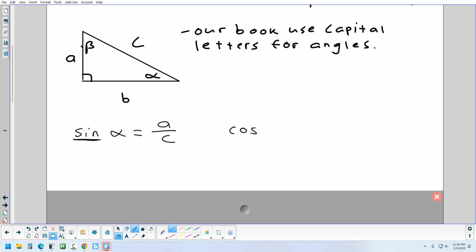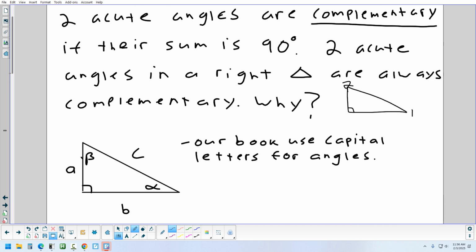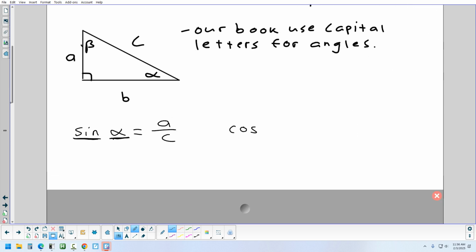Cosine. And I'm going to pick an angle here that is complementary to alpha. What angle is complementary to alpha in that diagram? Beta. And that's what we just set up here. So I did two things. I found the co-function of that, and I found the complement of that.